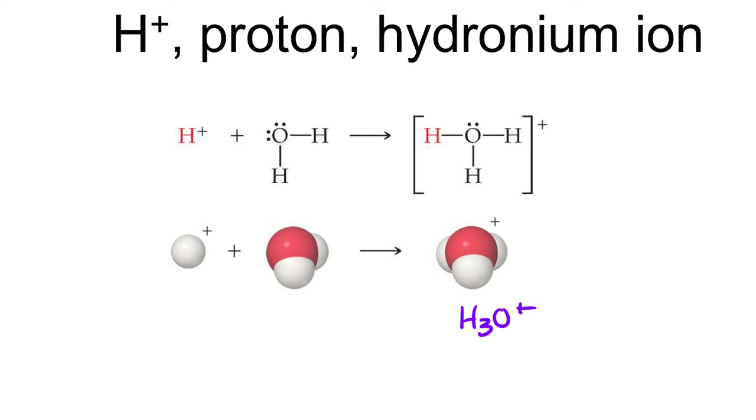Of course, our proton is H+. We can even set up a reaction to show that H+ plus water forms H3O+. But when we're writing our acid-base equilibria, I will sometimes write H+ is formed, or sometimes write H3O+ is formed, okay, just so you know.